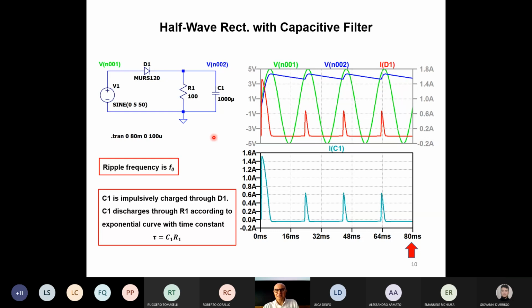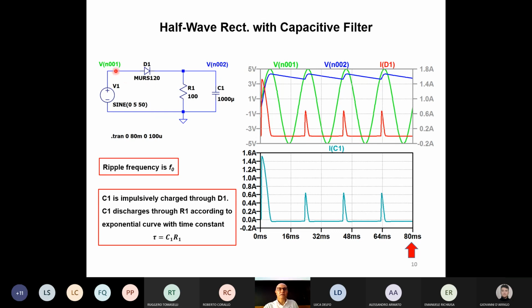Okay, now this may look a bit complicated, but it is not so. What I simulated here again is the secondary of a transformer, 5 volts. I use low voltage, so all the defects will be very enhanced, evident. 50 Hz, okay.